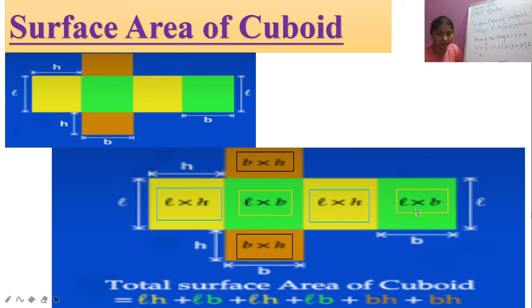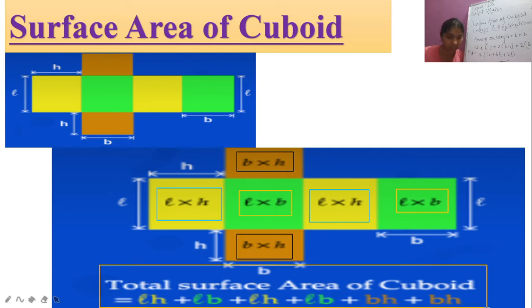So this is all about the total surface area of a cuboid, that is 2 times length into breadth plus breadth into height plus height into length. That way you will identify and find out the surface area of a cuboid.